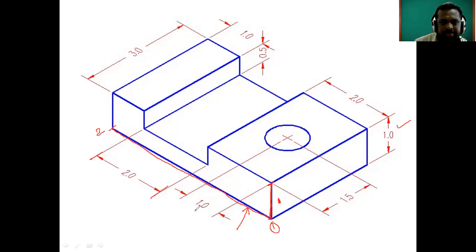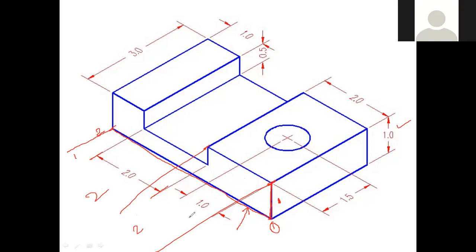Yes, sir, on the top side they have given 2. Yes, correct. Here, see here, up to this point it is 2, and again this distance is 2, and again this distance is 1, so it will become 5 mm. Okay, so the length of this line will be 5 mm.